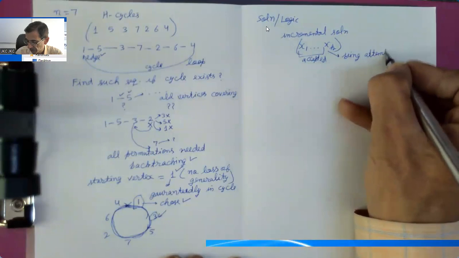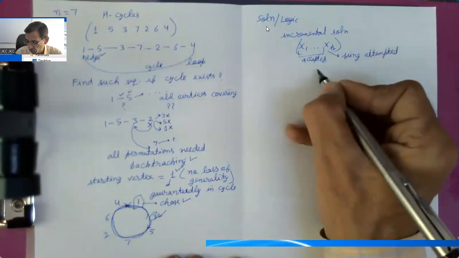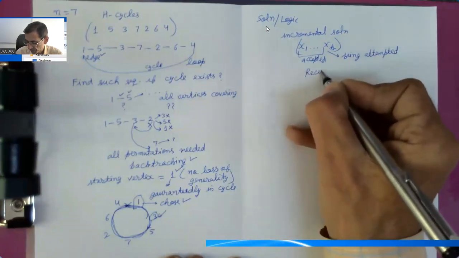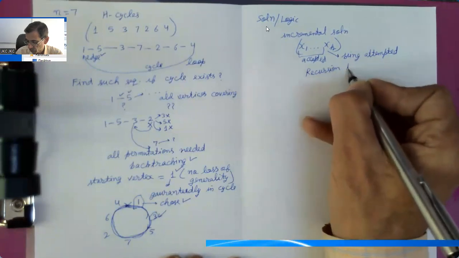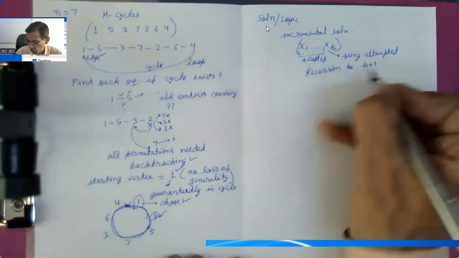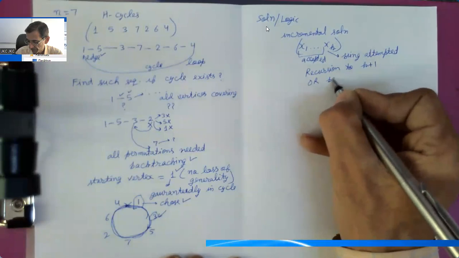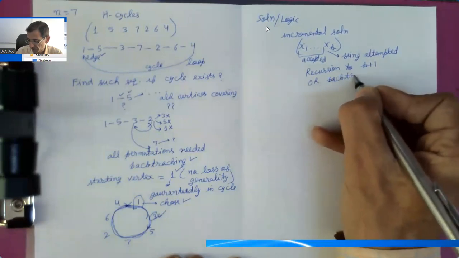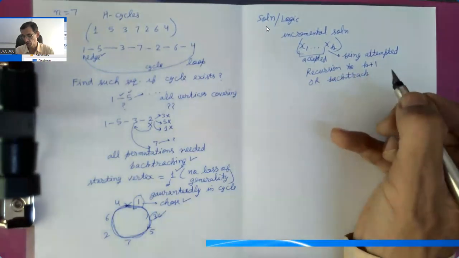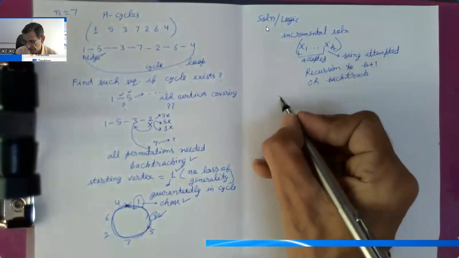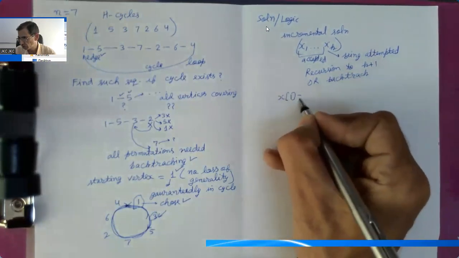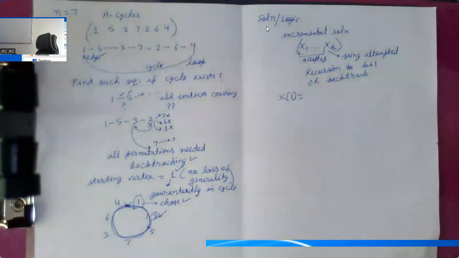And if acceptable, either you will go for recursion to k plus 1 or backtrack. So I should design my solution in a way. How to do that? I will say, fine, I have already chosen x1 to be, just 1 second.